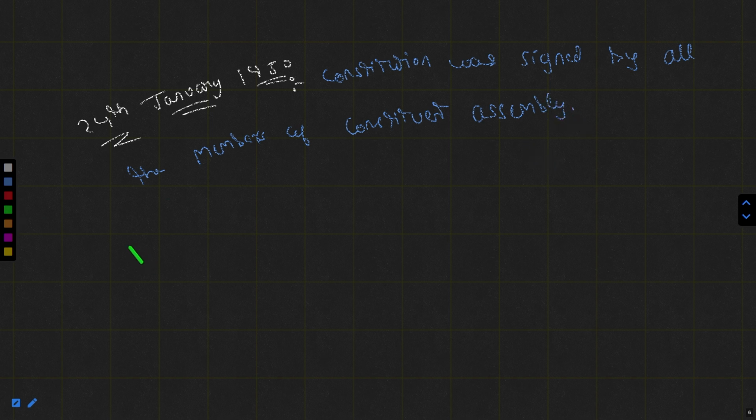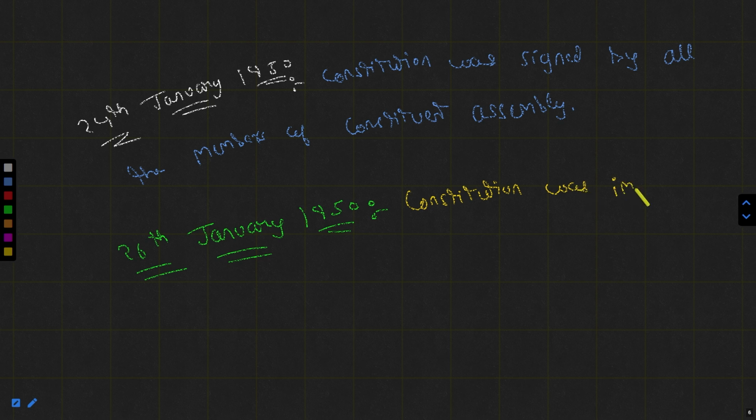Okay, and basically on 26th January 1950, what happened? That Constitution was implemented throughout the country. Okay, so remember the timeline.